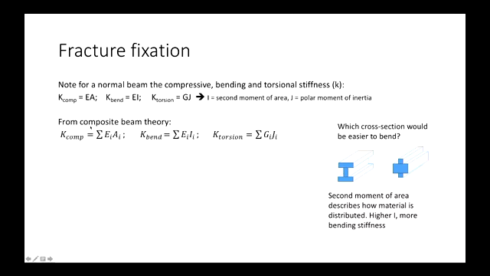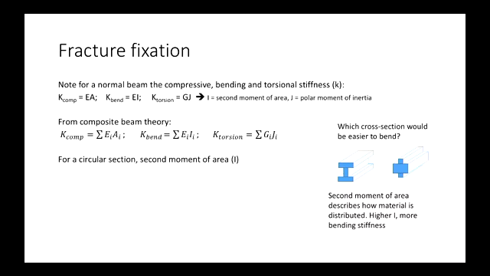Now, composite beam theory is where we have two different materials in the cross-section. It's relatively straightforward: you just add the contribution of each component. So for the compressive stiffness, you add the stiffness of the rod plus the stiffness of the bone, and likewise for the other types.